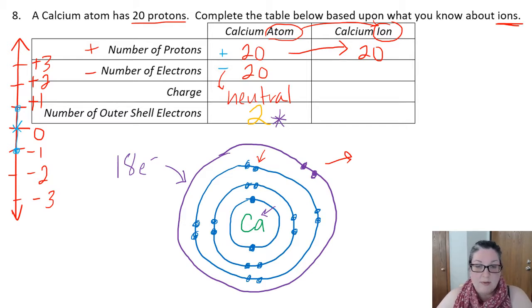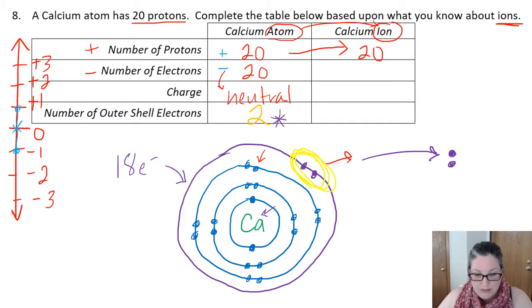So that's what's going to happen, actually, is that calcium is usually going to donate these 2 electrons to another atom to create an ion. So if these 2 electrons go away somewhere, we've now lost 2 electrons.